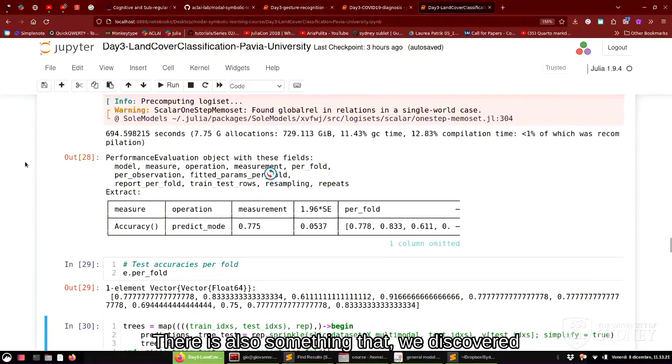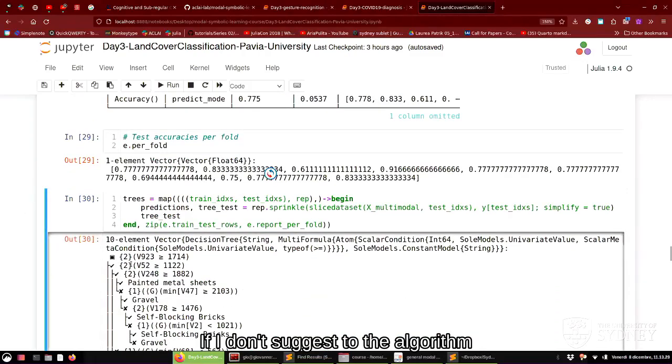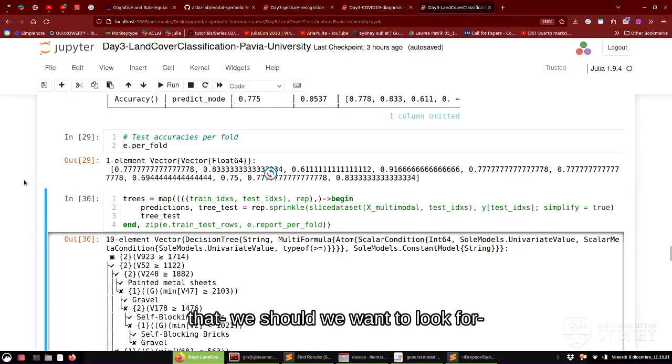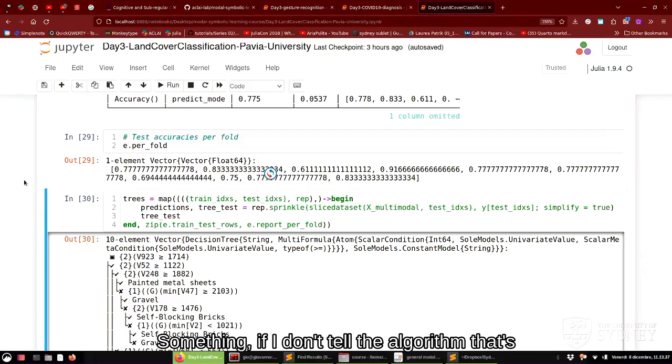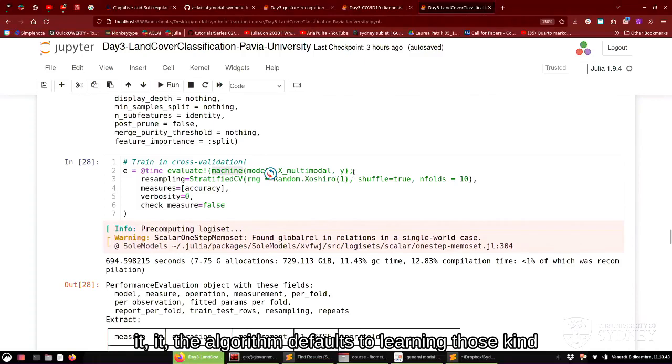There's also something that we discovered: if I don't suggest to the algorithm that we want to learn a formula that is true at the central pixel, it defaults to learning formulas of the kind 'there exists globally something'.